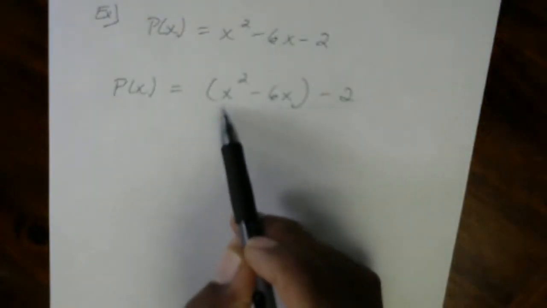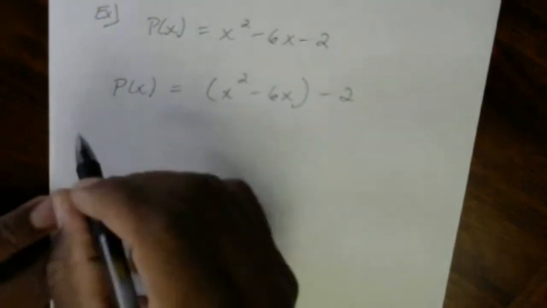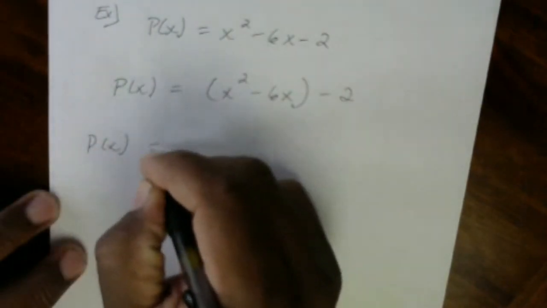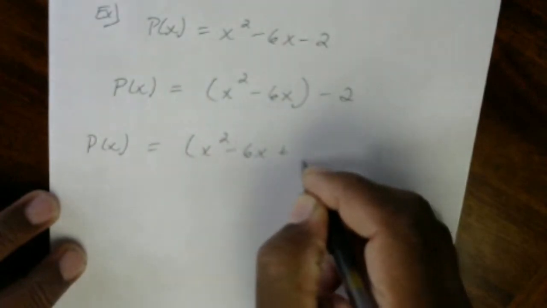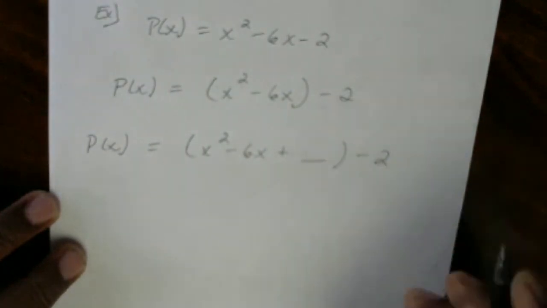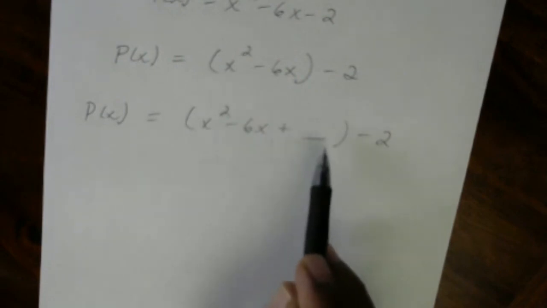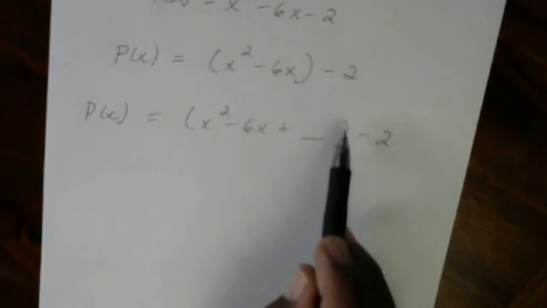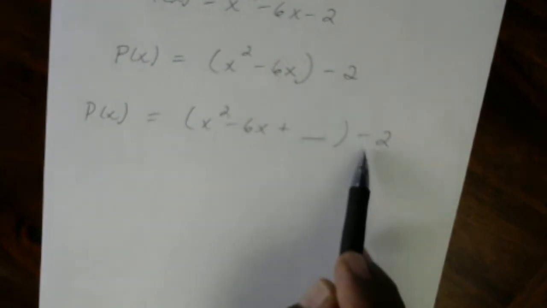Now we're going to actually complete the square. We always complete the square with our squared term and our first degree term. So I'm going to write this out as x squared minus 6x plus, and I'm putting in a blank. I'm ending my parenthesis, and I brought down my -2.